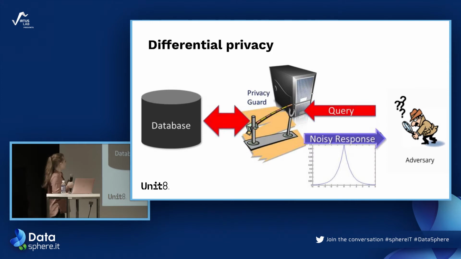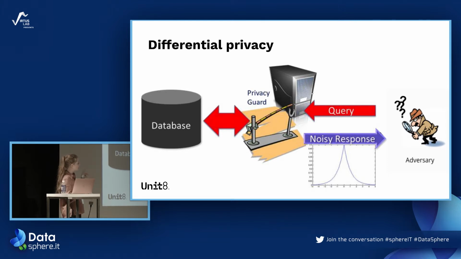And while differential privacy is not an algorithm itself, it is useful to think about it as a piece of software that lies between the adversary, in that case, or any other analyst, and the database. In a scenario when applying differential privacy, an adversary sends a query to that intermediate piece of software.